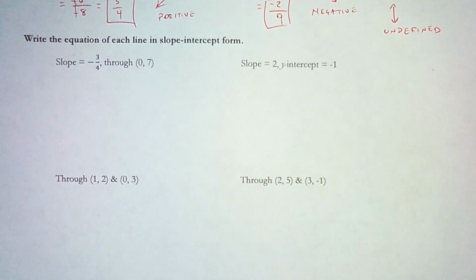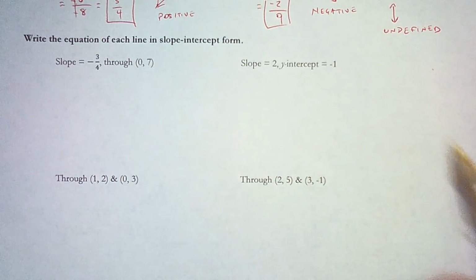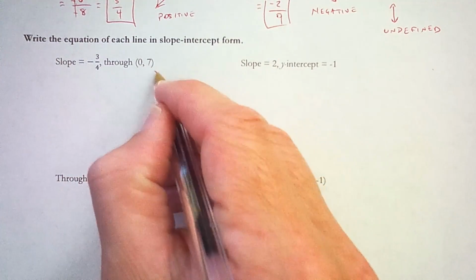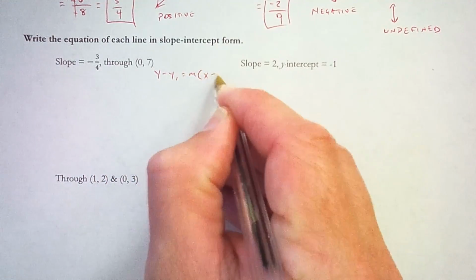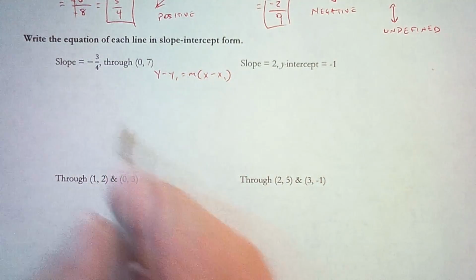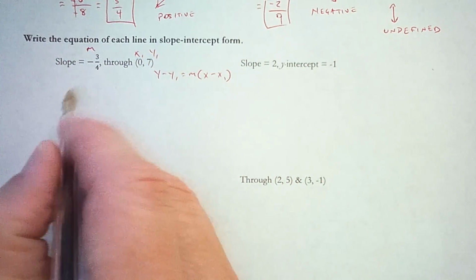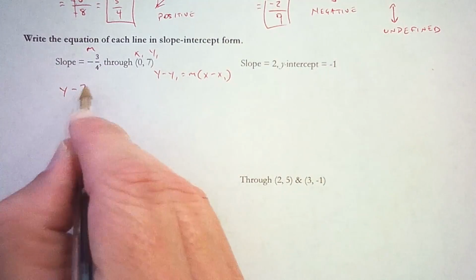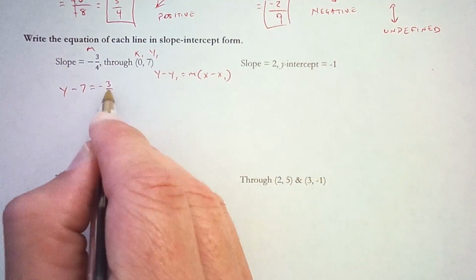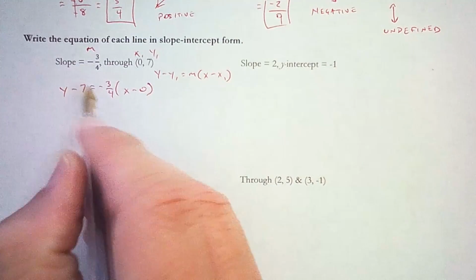Okay, now we are going to write some equations of lines in slope-intercept form, but let's start in point-slope form. Y minus y1 equals m times x minus x1. So here's m, and here's x1, y1. So y minus 7 equals negative 3/4 times x minus 0.